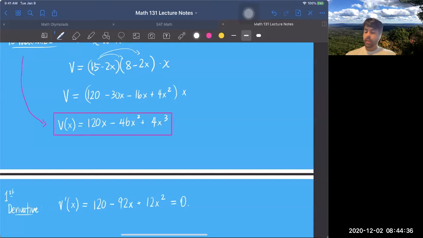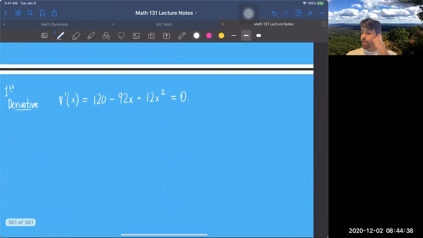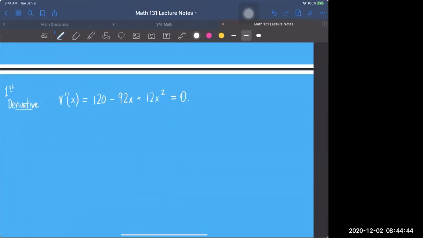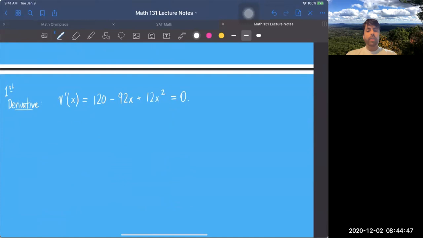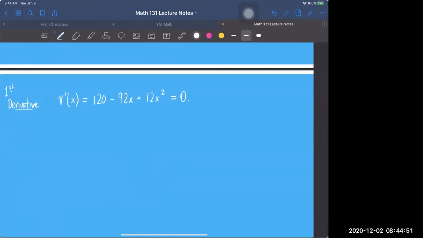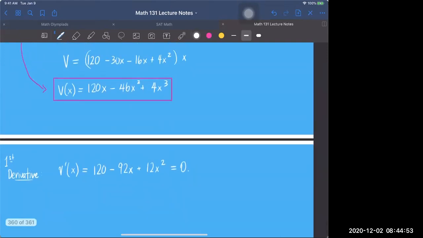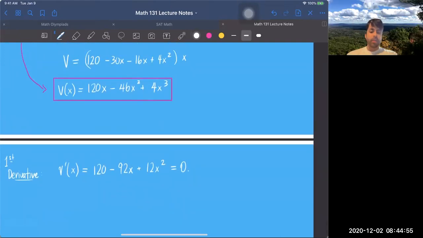And then what? Then I have a quadratic, and I must try to do what? I'm going to see if I can solve this. So how do I solve this? Let me just rearrange this: 12x squared minus 92x plus 120 equals 0.